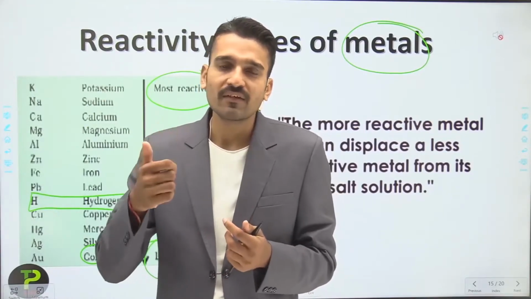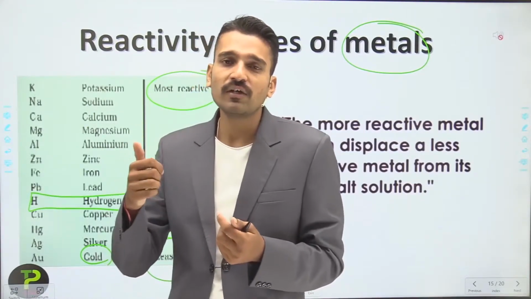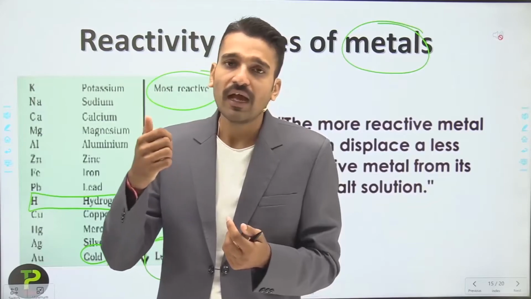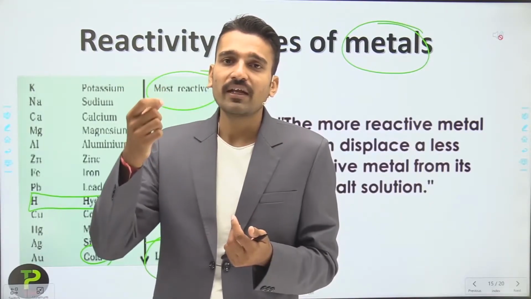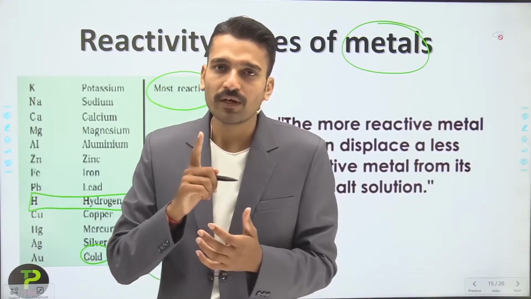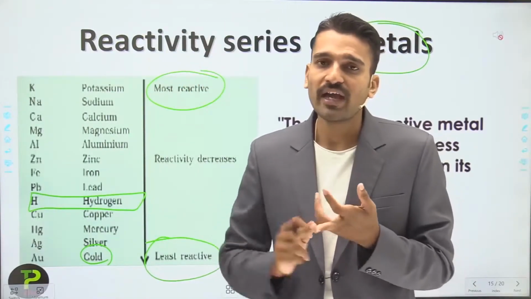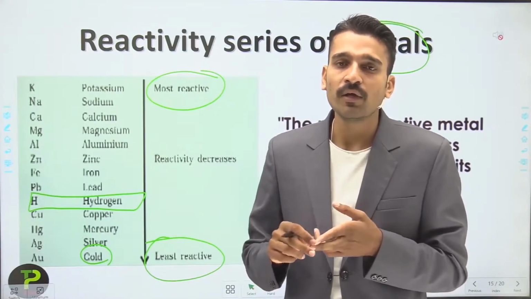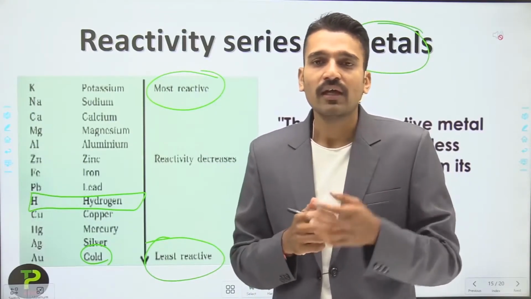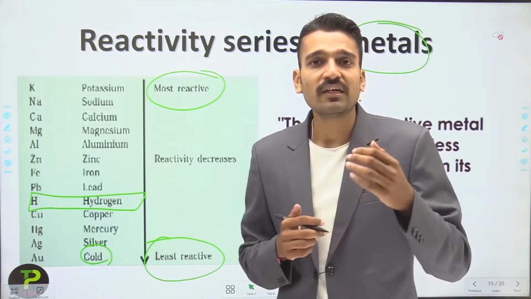So in this respect it follows the active metals, the alkali metals, or the metals placed in group 1. And the second reason is that water and acids all have hydrogen in them. So when a metal reacts with acids or water, there is a displacement reaction.